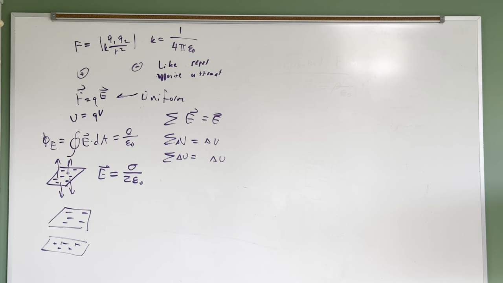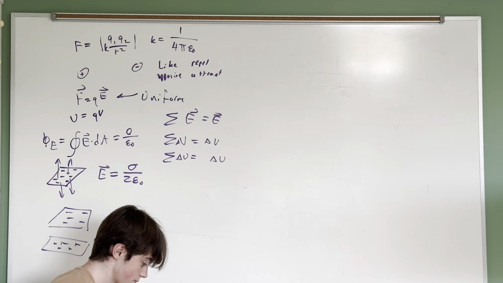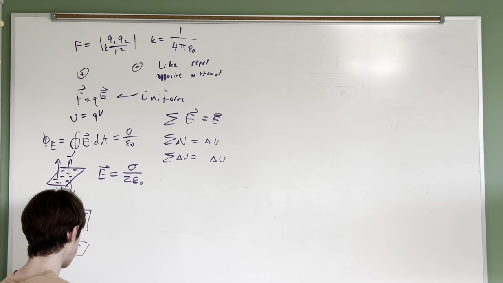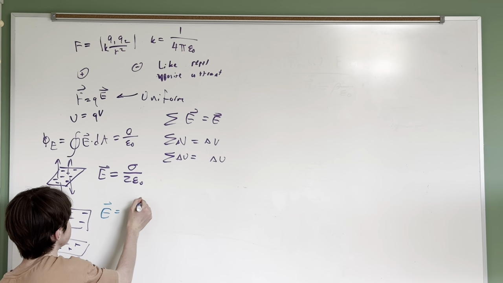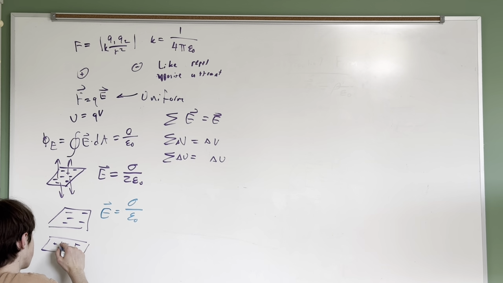For a capacitor with 2 plates, we have E vector is equal to sigma over just epsilon, because there's 2 of them, and the electric field will go towards the negative charges.